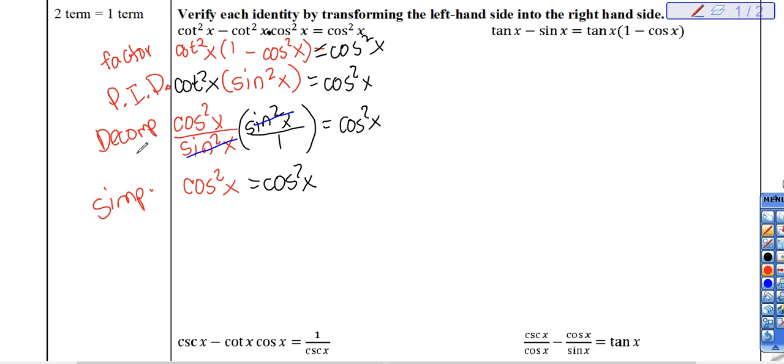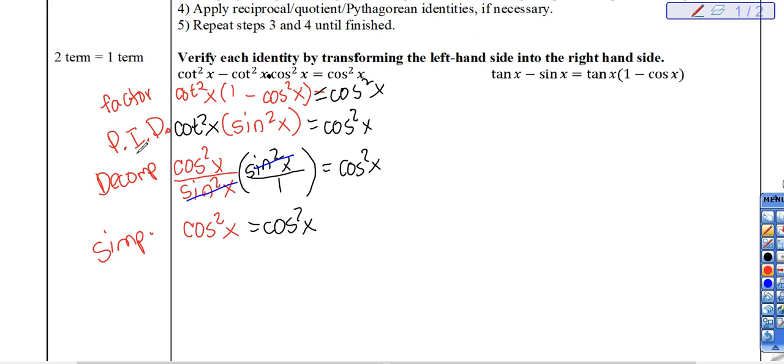Let's take a look at the next one. So again, I would just challenge you to stop and look: the left-hand side is a subtraction, and the right-hand side is a multiplication. But when I see something like that, I think something got factored out.